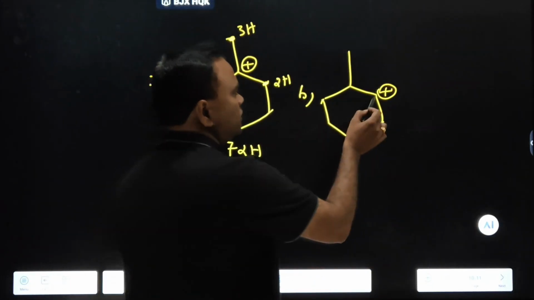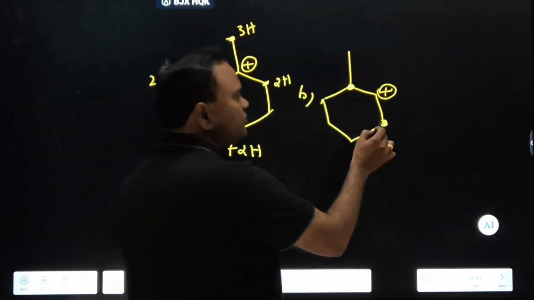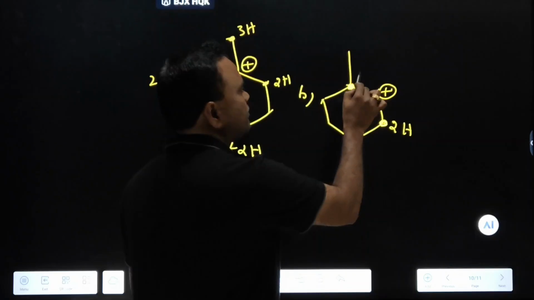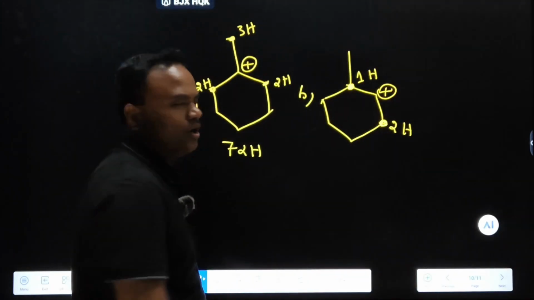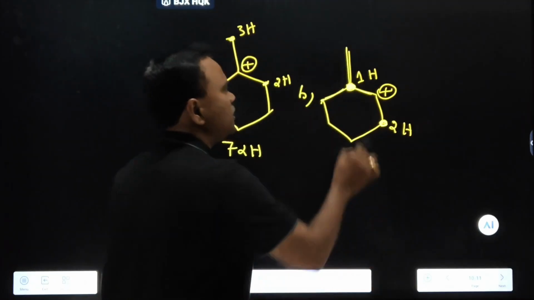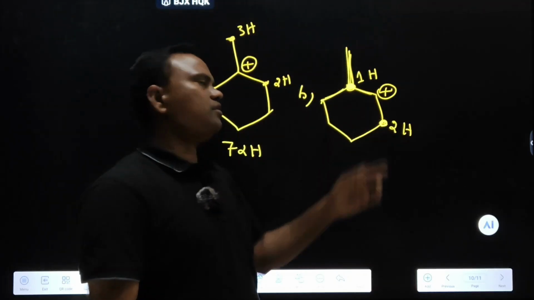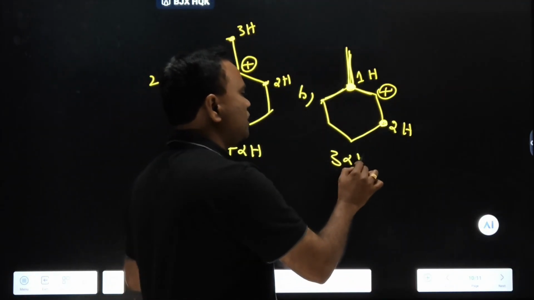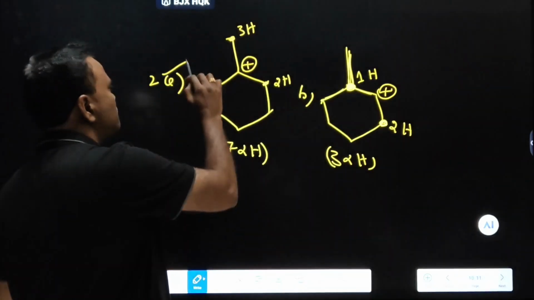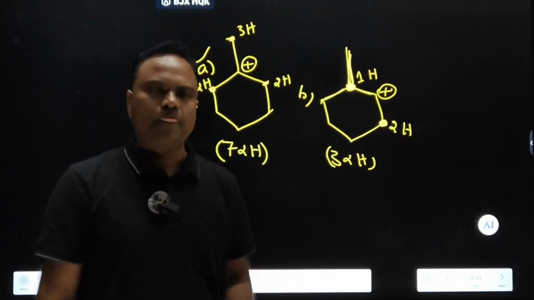Next, here this is an alpha position and this is an alpha position. At this alpha position, 2 hydrogens are present. At this, how many hydrogens? 1 hydrogen only. Why 1? Already this dot is surrounded by 1, 2, 3 bonds, so you have to write 1 hydrogen. So total 3 alpha hydrogens are present. Clear? In A, 7 alpha hydrogens are present. So A is stable.